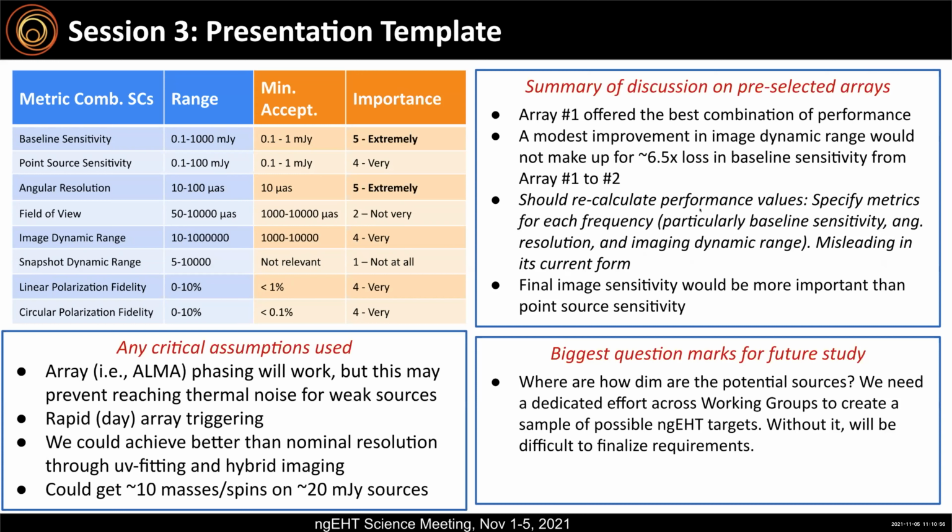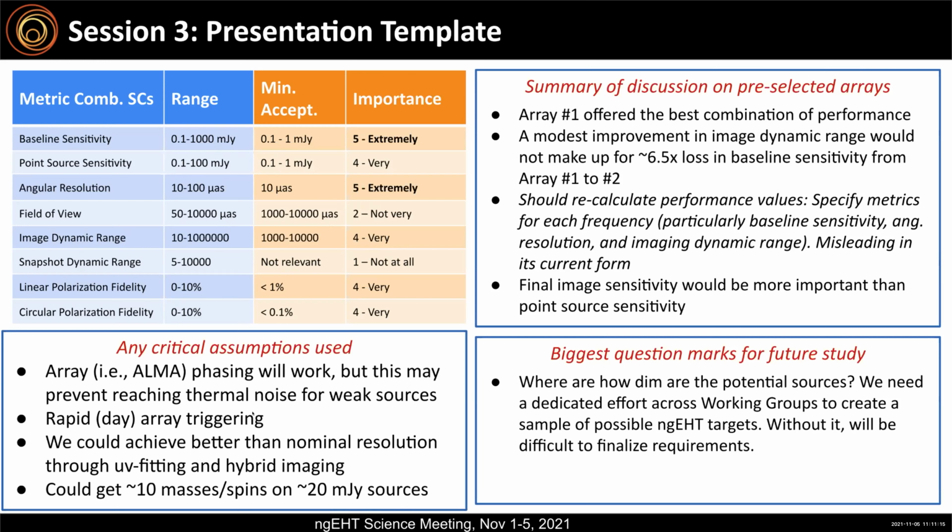As I mentioned before, we should discuss again what the metrics that we were given really mean, and also for us, we realized that the final image sensitivity may actually be more important than point source sensitivity. And there are critical assumptions that we made.